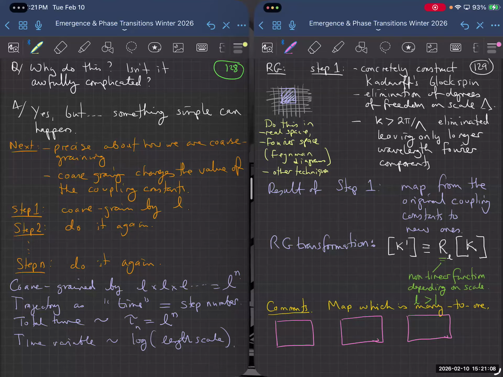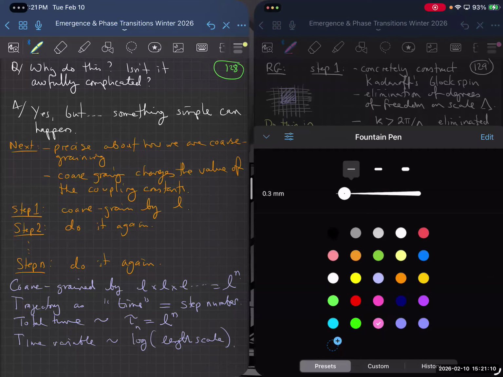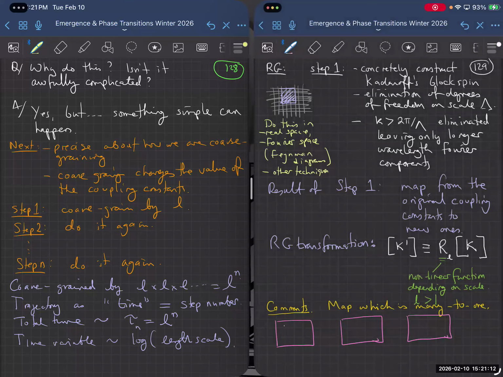And let's suppose that in this configuration here, I have a spin down, a spin up, and a spin down. This one I have a spin up, spin down. And this one I have a spin up. I don't know, something like that.